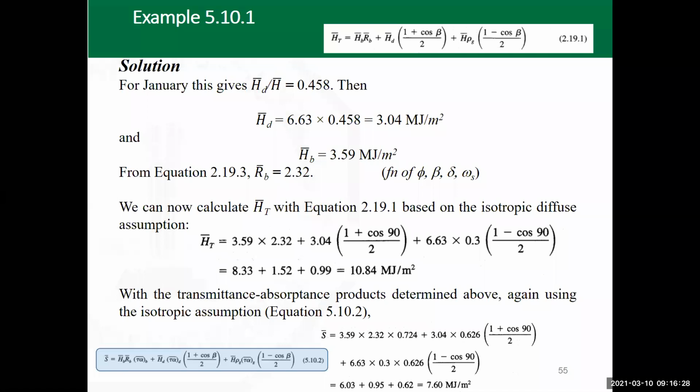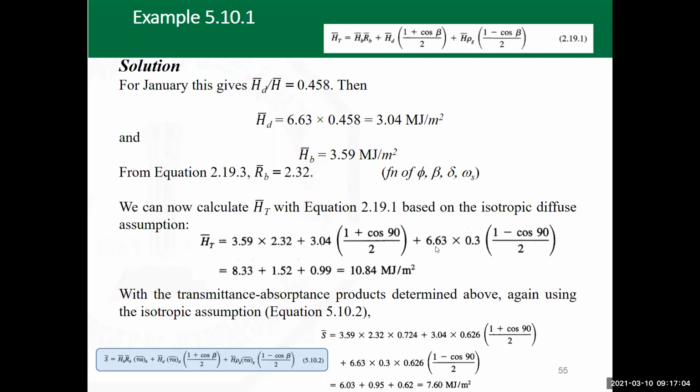Having done that already, what we can do then is substitute to get the value of H, the radiation on the tilted surface, using the isotropic diffuse model. So it is 3.59, which is representing HB, times 2.32, which is representing RB bar, plus 3.04, which is the diffuse component, HD, into the shape factor, 1 plus cosine 90 divided by 2.